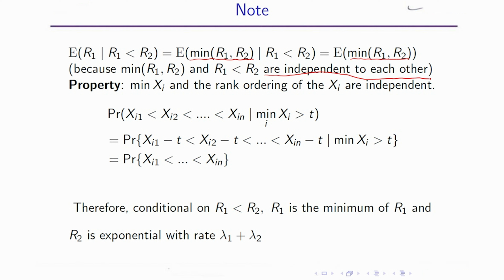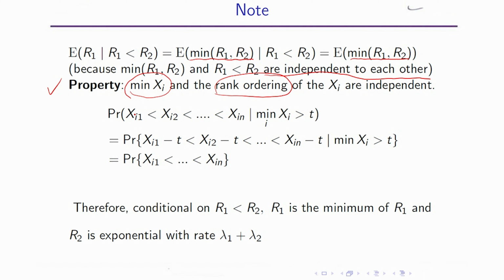Now we prove that. We have a property here. Our property states as follows: the minimum of the xi and the rank ordering, for example, R1 less than R2, of the xi are actually independent. So we prove that.